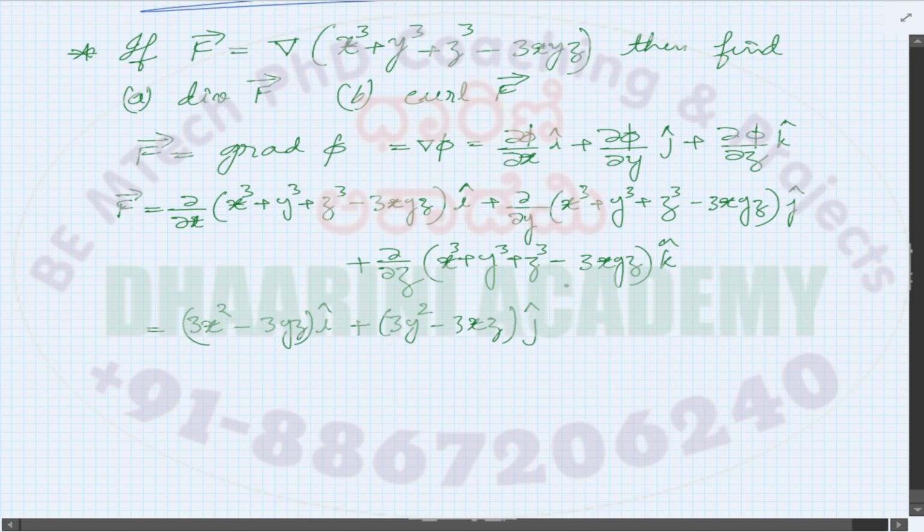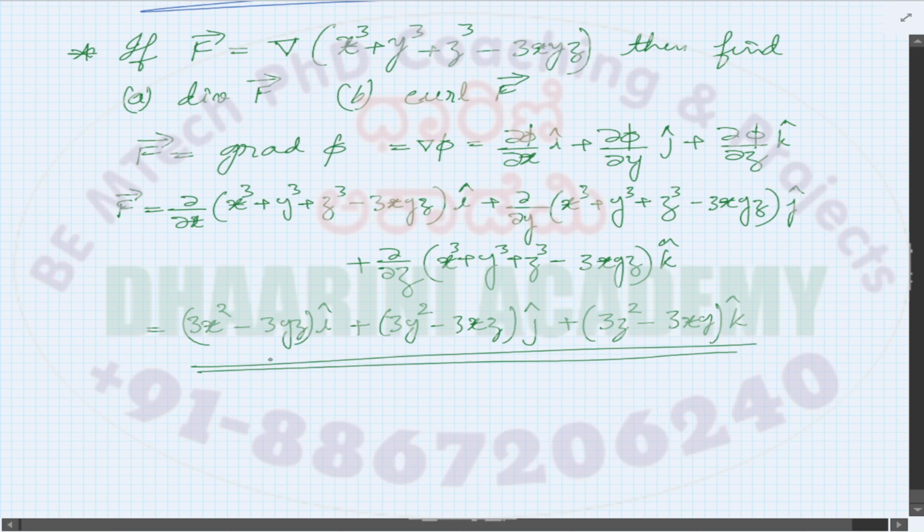Then the last term is plus 3 times z square minus 3xy into k cap. Now you can see that this is the required vector f.